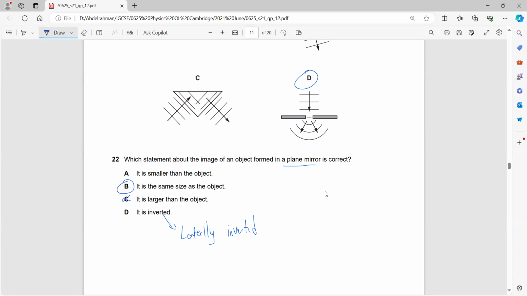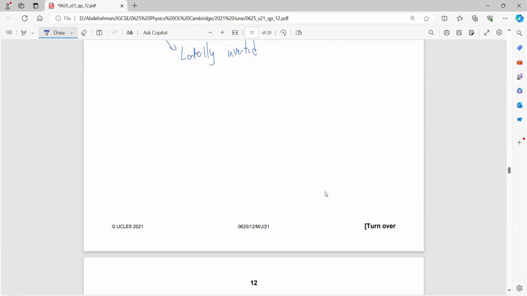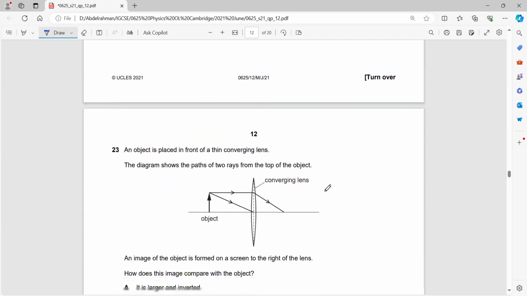When he just says inverted, he means vertically inverted. But the mirror has a laterally inverted image, and he has to explicitly say laterally inverted. Other than that, it would be vertically inverted, such as the images formed by the converging lens.